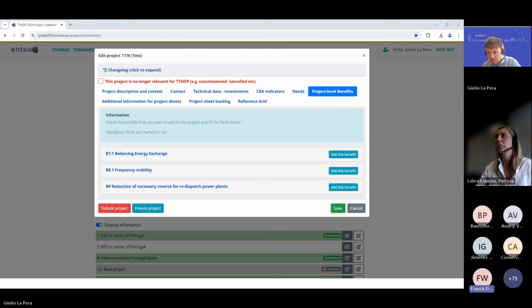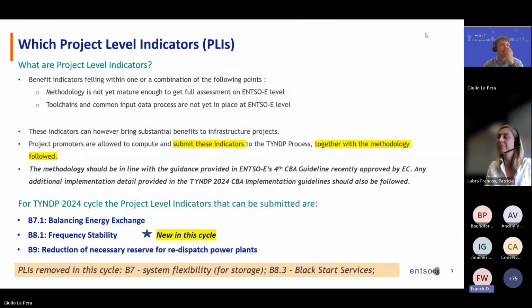If I don't make a mistake, I don't know if it's the final version yet or not, but there is a guideline that I'm aware of from the European Commission for storage projects assessment. So it's more there that project promoters should look for storage projects benefit assessment.